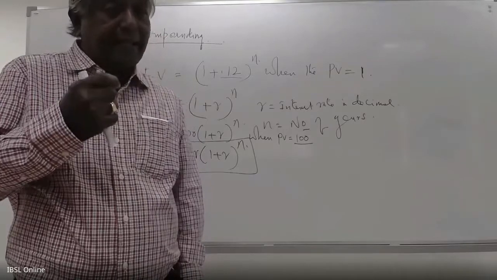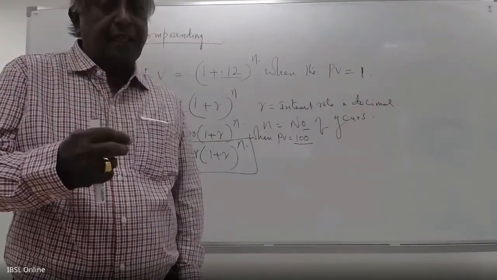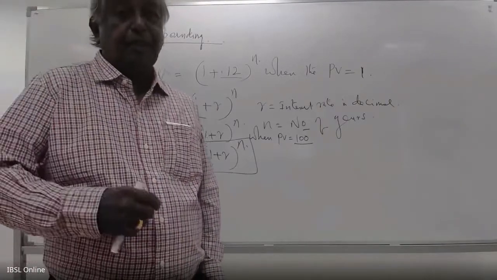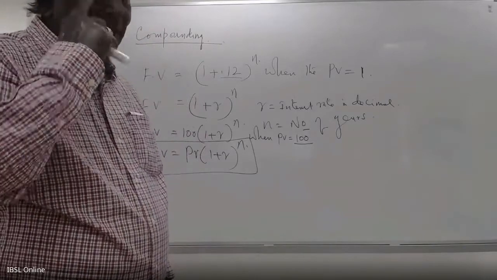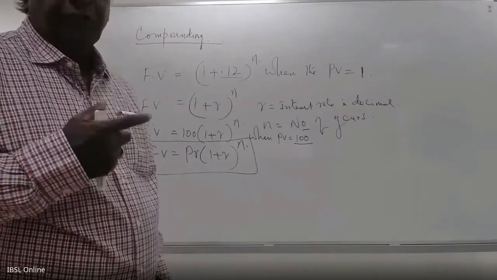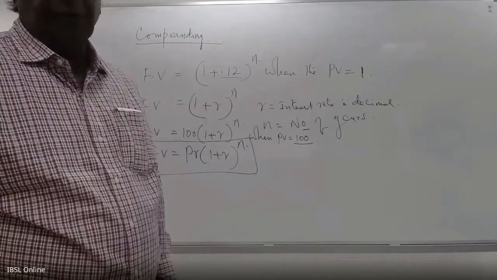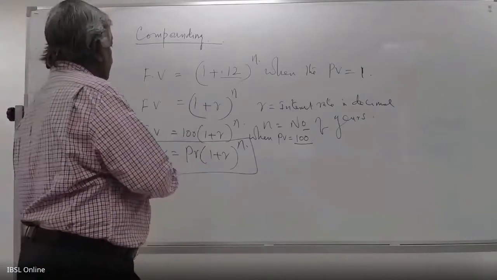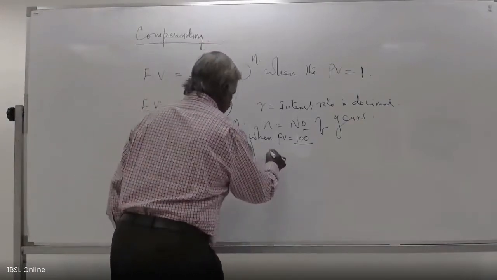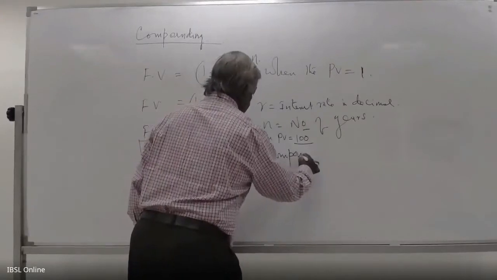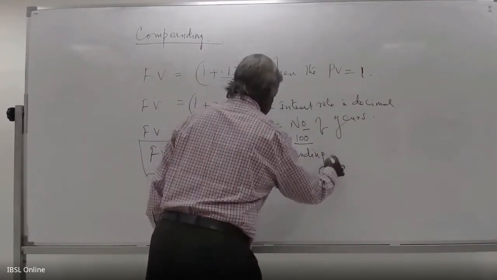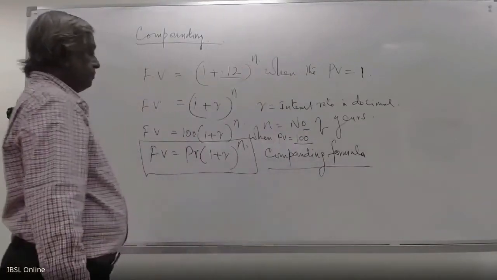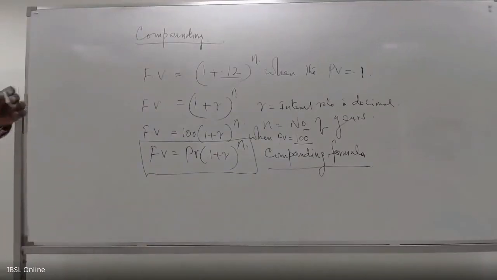Compounding is a technique of converting present value of the money to the future value. That is compounding. And this formula is called the compounding formula.